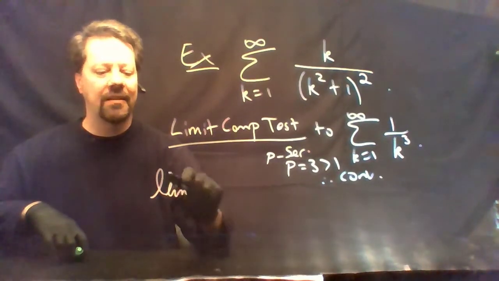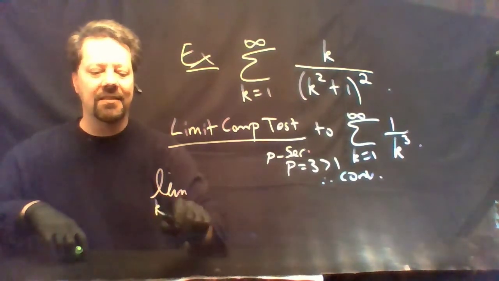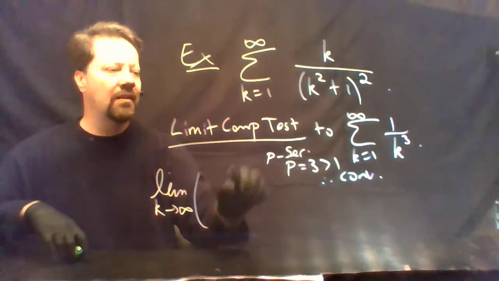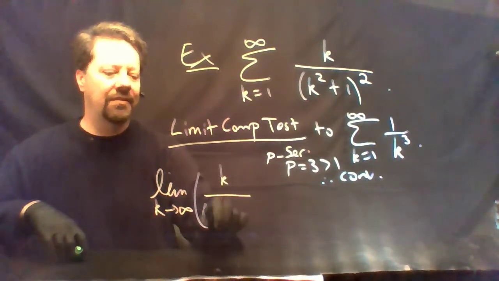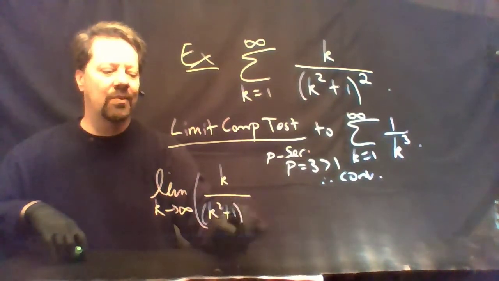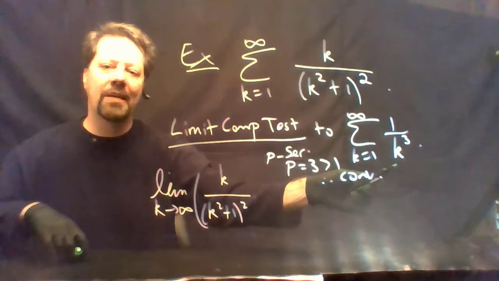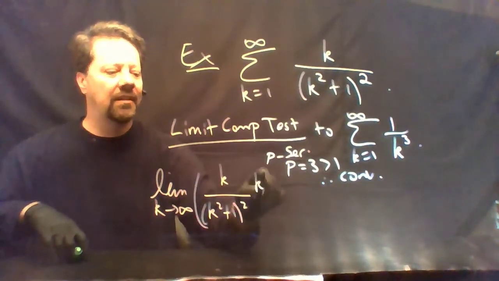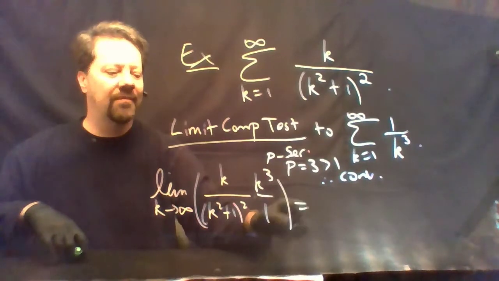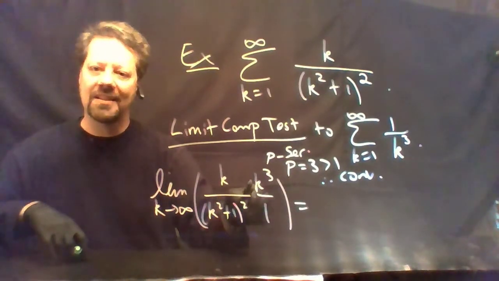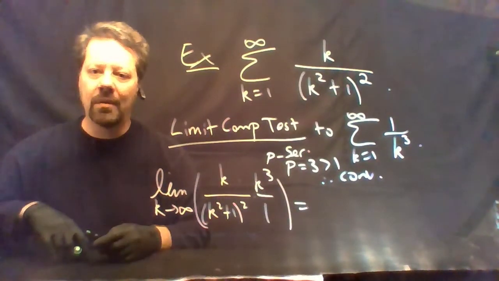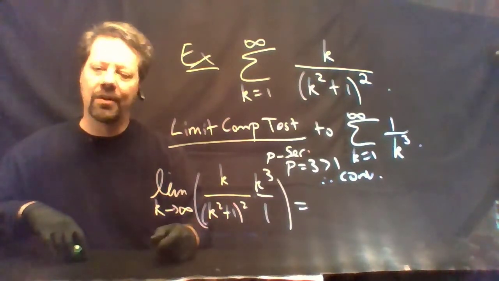To implement the limit comparison test, we'll have k over (k squared plus 1) quantity squared, and we'll multiply by the reciprocal, k cubed over 1. The numerator ends up being a polynomial of degree 4 with leading coefficient 1.